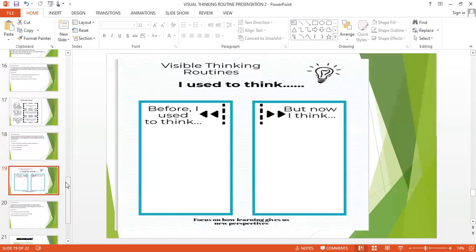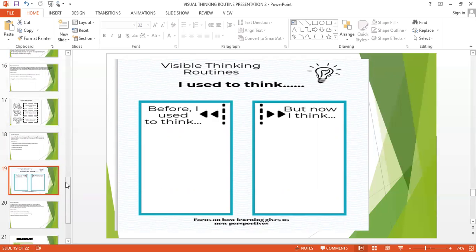Next routine is I used to think. This routine focuses on how learning gives us a new perspective. For example, students have some basic information about a particular unit, let's say about earth. So they have their own perception, their own thoughts and ideas.